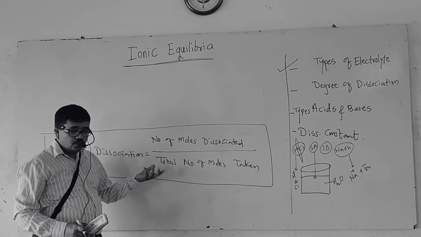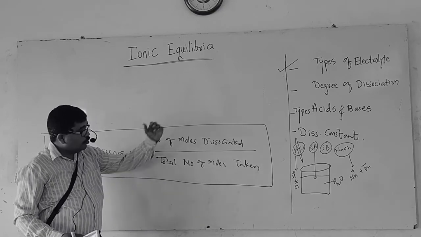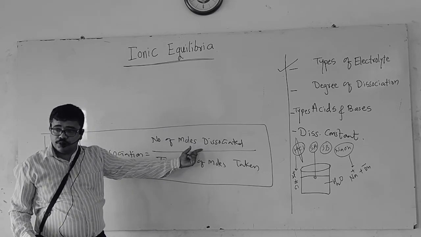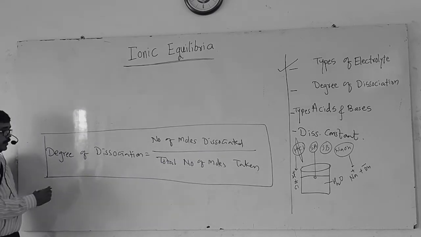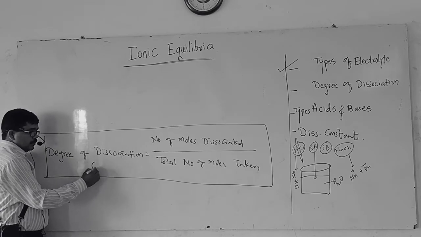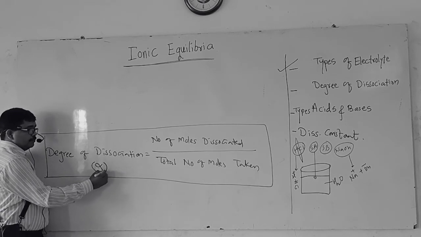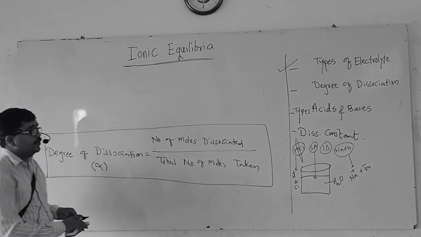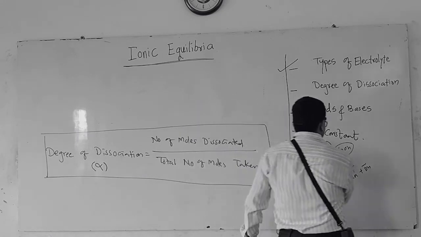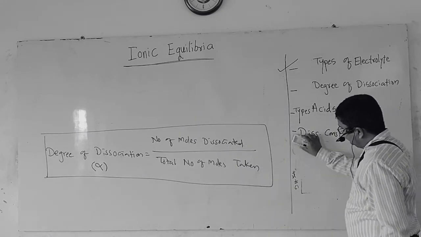How much of the moles you have taken, and out of that how many are dissociated. That ratio is nothing but the degree of dissociation. Degree of dissociation can be represented by the symbol alpha.